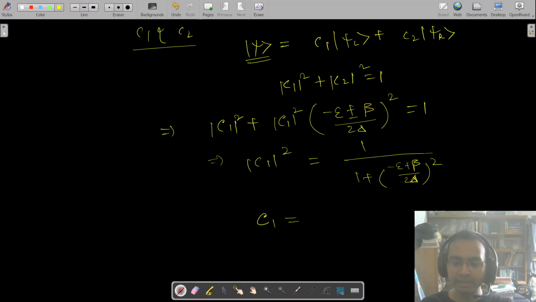C1 is basically e to the power i phi, the most general expression for C1.